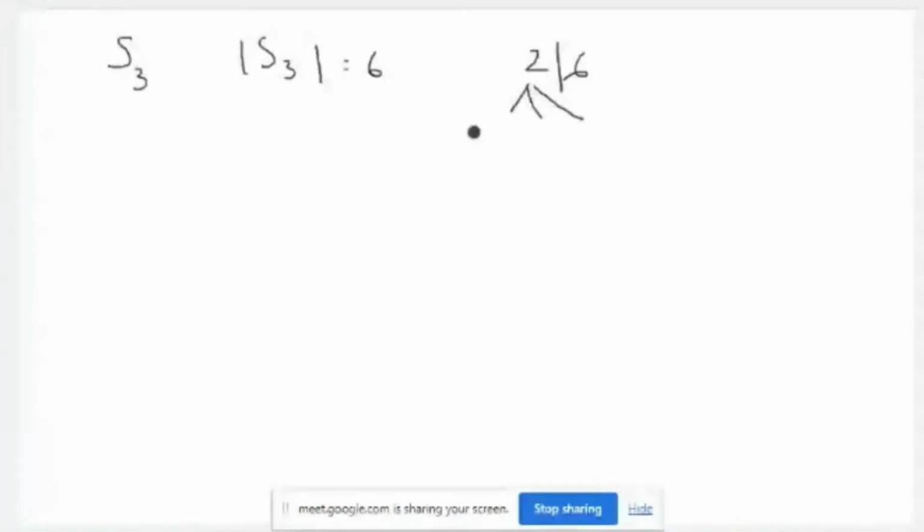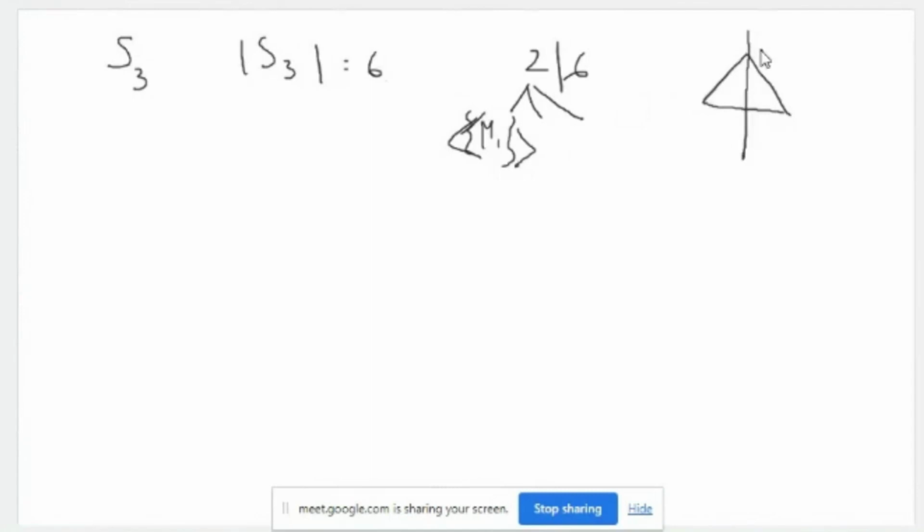One generated by the reflection mu1. If you know the standard notation, the group generated by the reflection mu1. Yes, S3 can be identified as the group of symmetries of a regular triangle, an equilateral triangle. So what is a reflection? A reflection is where you fix one of the vertices and interchange the other two. You flip the triangle, okay? You will get a symmetry there. So 2 and 3 are reflected.